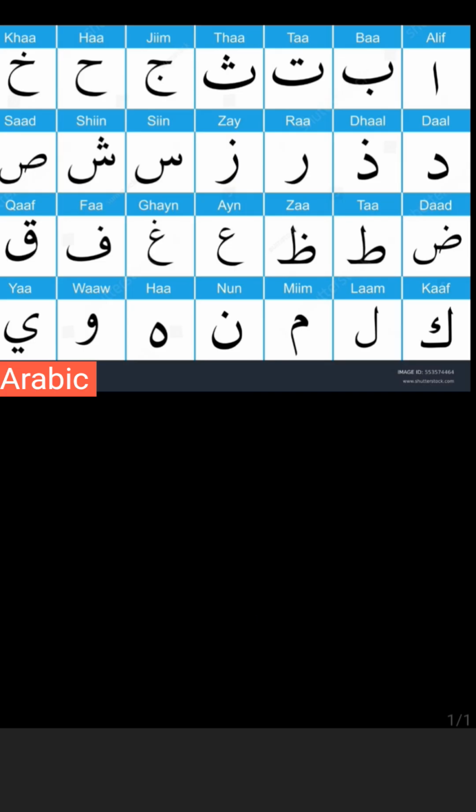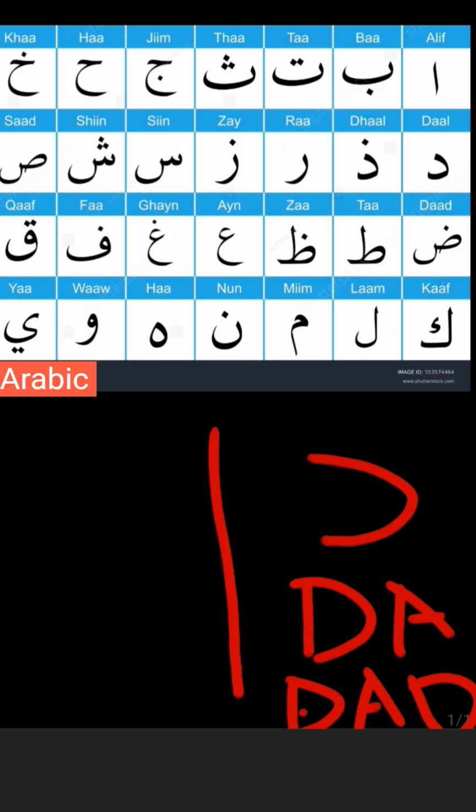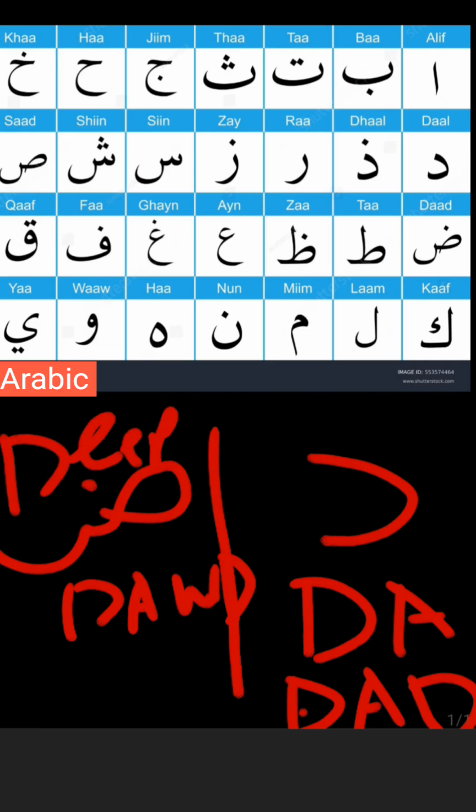Earlier we had dal right here as a d sound, and I think the example I used is dad. And here we have dod. I put a W instead, maybe to emphasize dod. This is a deeper dal. So instead of da is da.